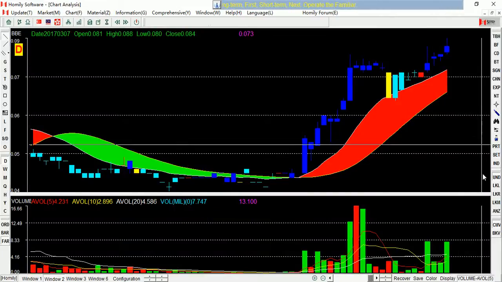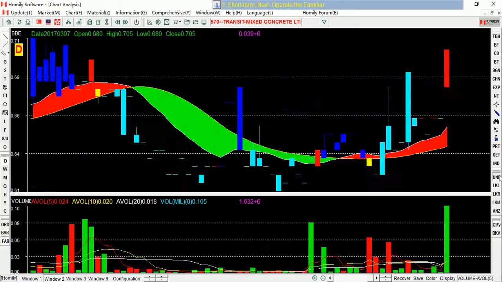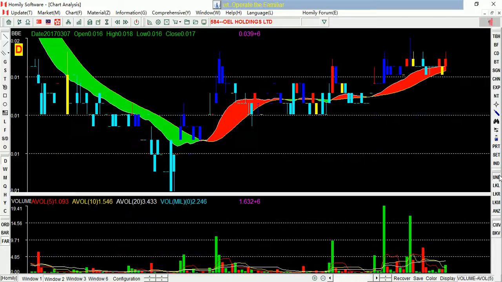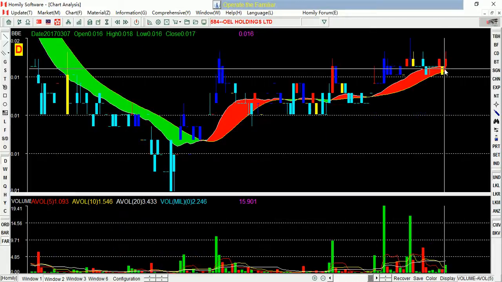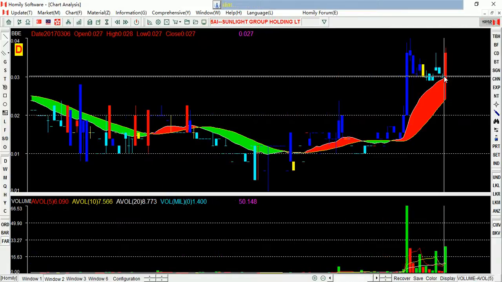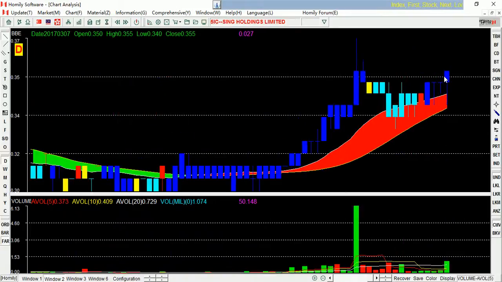The first one missed the chance, right? This one. This one is also red candlestick, right? So here, this one also red candlestick, sunlight. Okay. This one no need to kill.